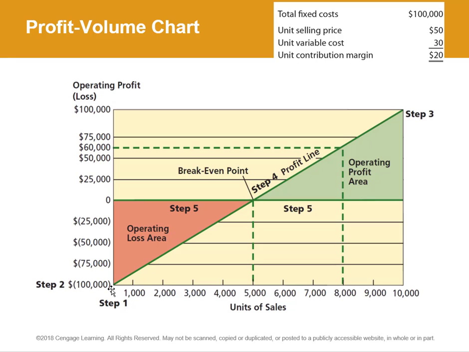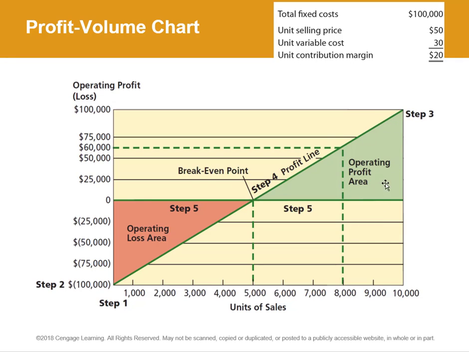So every time we sell something, we start digging ourselves out of the hole. And here at 5,000 units is our break-even point. And the most we would make if we sold 10,000 units would be $100,000. So then you draw a line from 0 to 100,000.